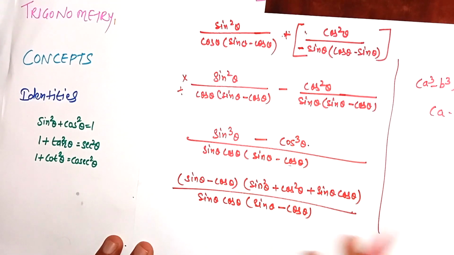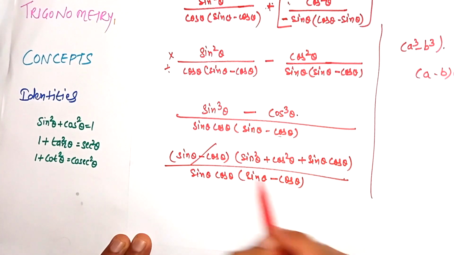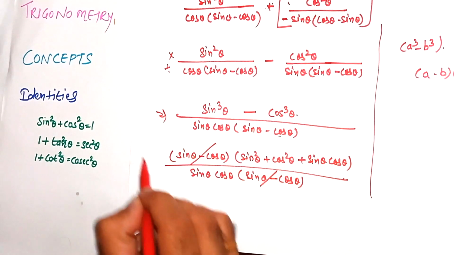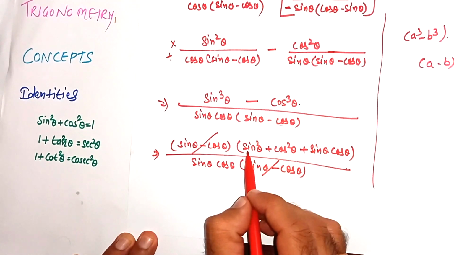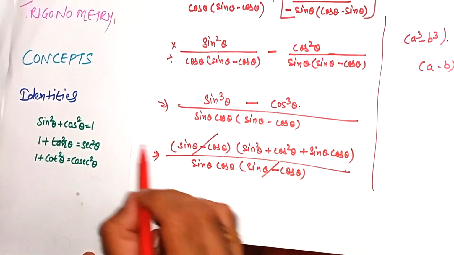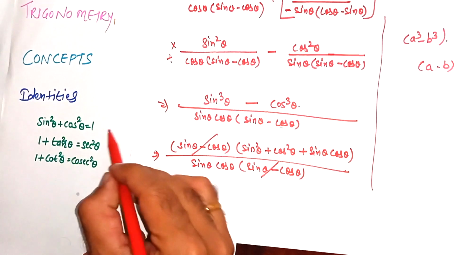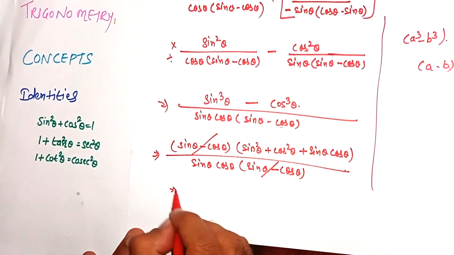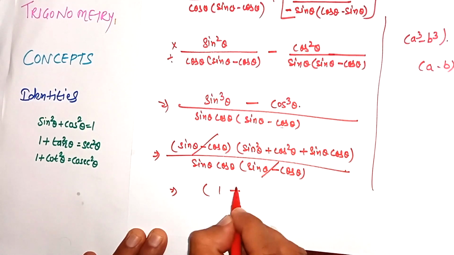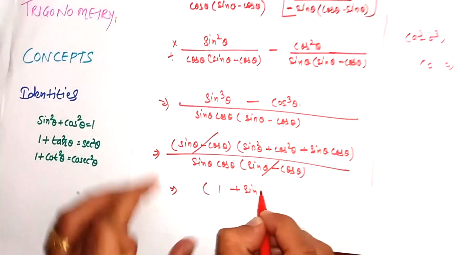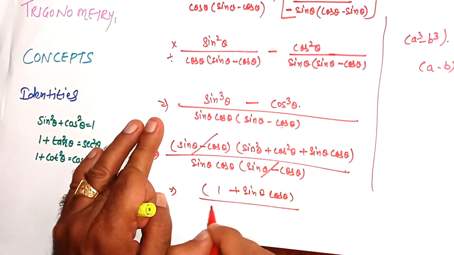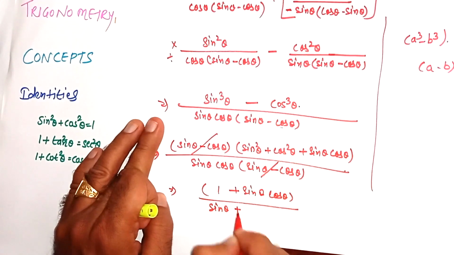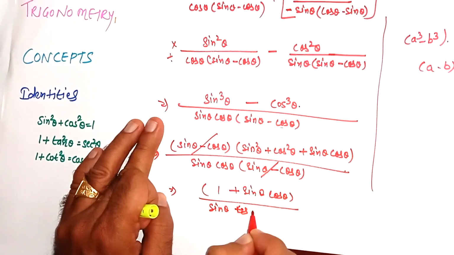See here what we are getting in deduction. This and this will be deducted. So we are left with sin square plus cos square theta. And what is sin square theta plus cos square theta? Coming to the identity, which is 1. So you can write 1 plus sin theta cos theta over sin theta cos theta.